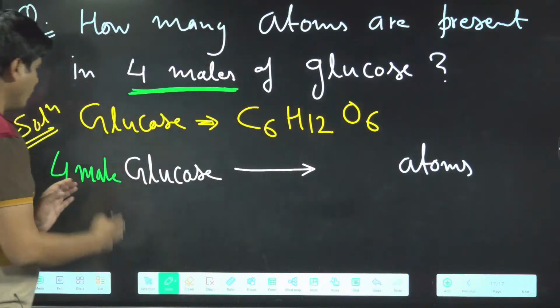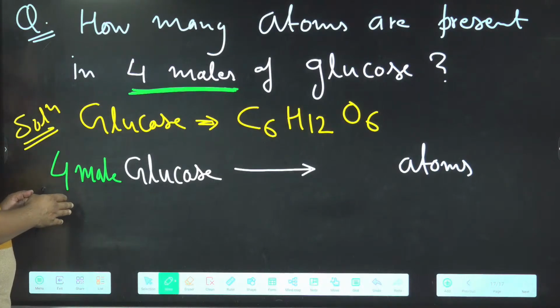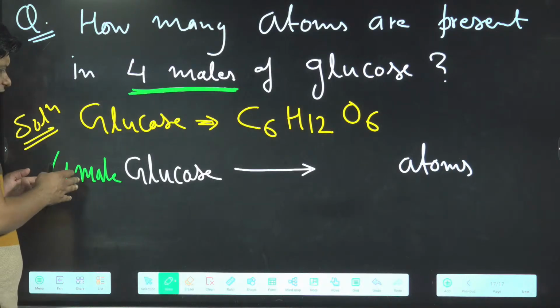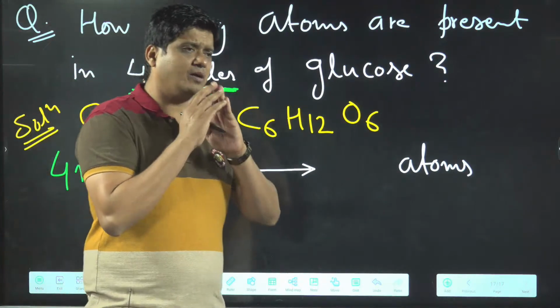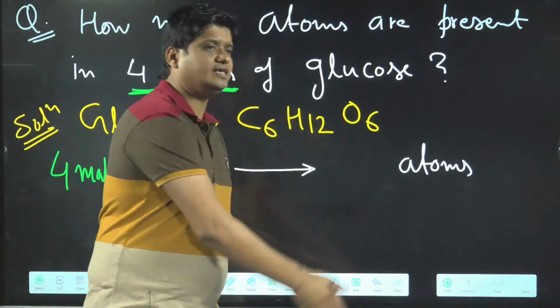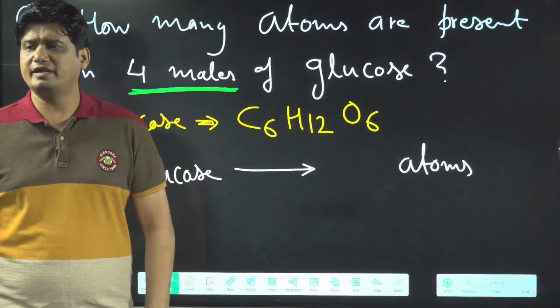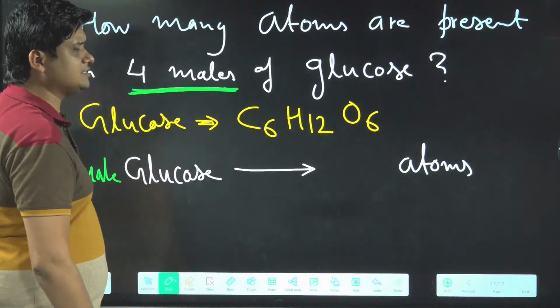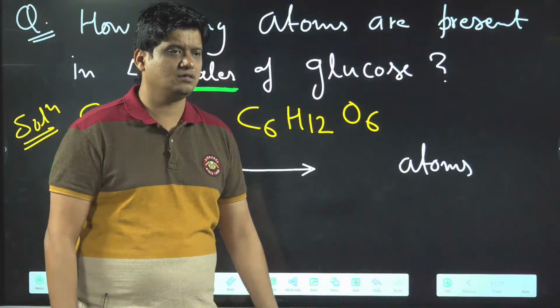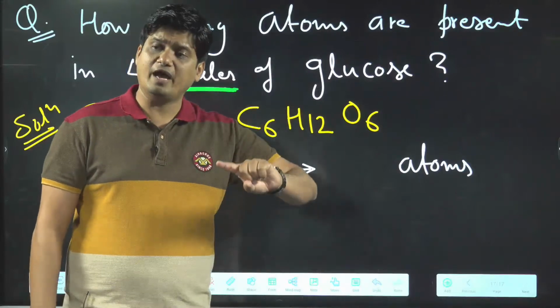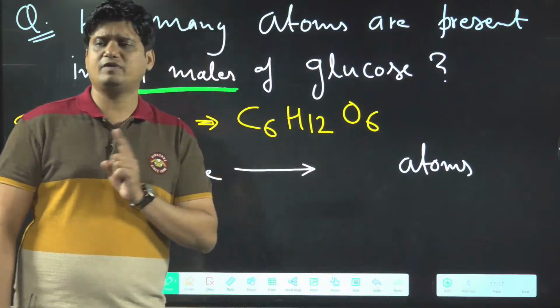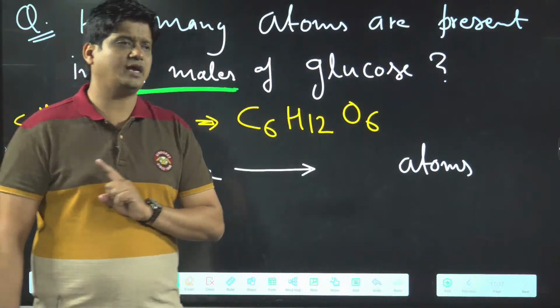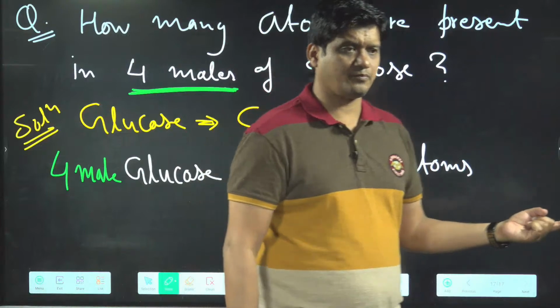Since I have taken mole on the left hand side, I have a compulsion to take mole on the right side also. It is not possible that I take mole on the left hand side and number on the right hand side. I said earlier, you have to calculate in the same terms. If the left hand side contains mole, then the right hand side should also contain mole.